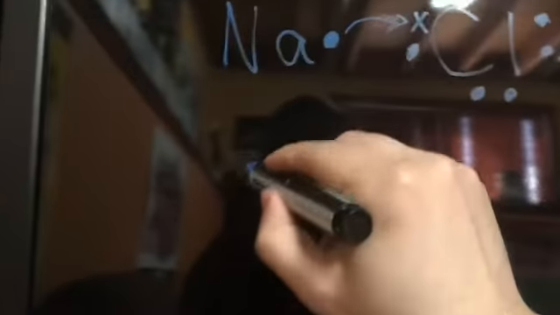Now, our sodium has a full shell in between, its second shell, which was full with 8 electrons. So it's now considered stable, but it has a positive charge because it lost that 1 electron. Similarly, our chlorine now has 8 valence electrons.